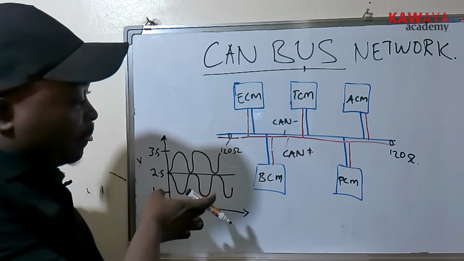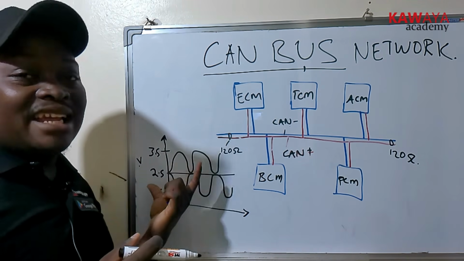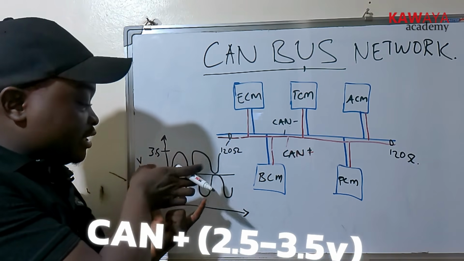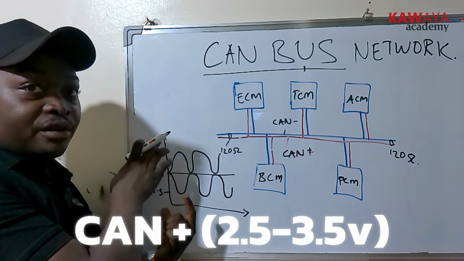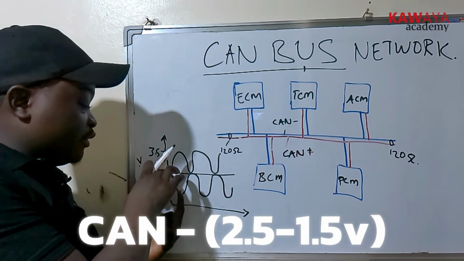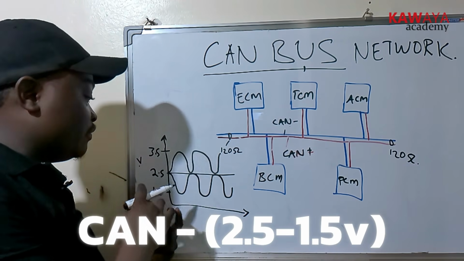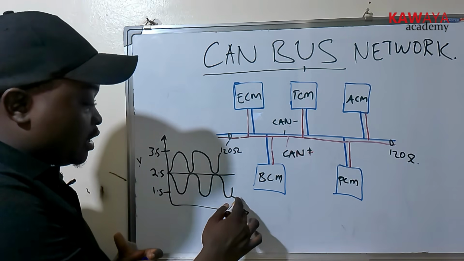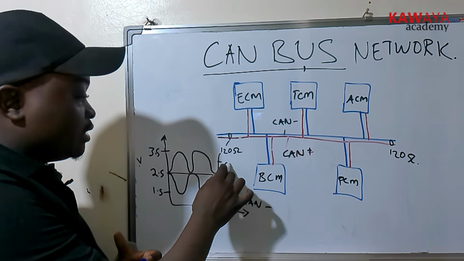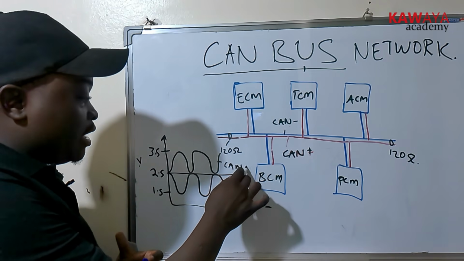Now you can see CAN high rotates from 2.5 to 3.5, and CAN low signals from 2.5 to 1.5. Let me call this CAN low, and this is CAN high.